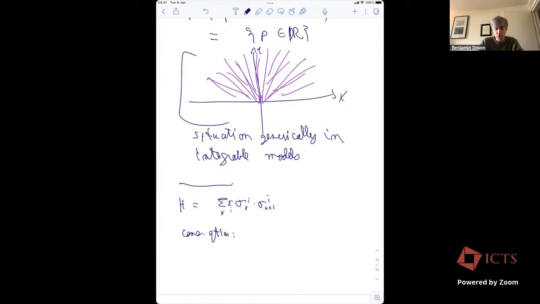These include S^i, which are the sums over x of the Pauli matrices. The total spin in any direction is conserved because it generates a rotation around a certain axis, and this Heisenberg chain is completely isotropic from the point of view of the spin axis. But these S^i and S^j don't commute with each other.